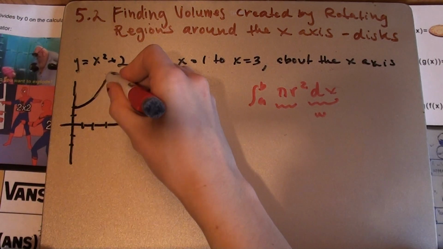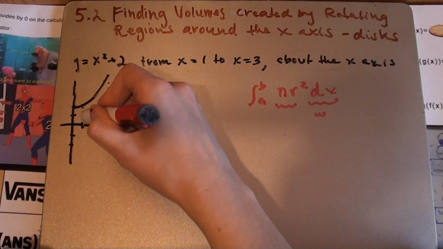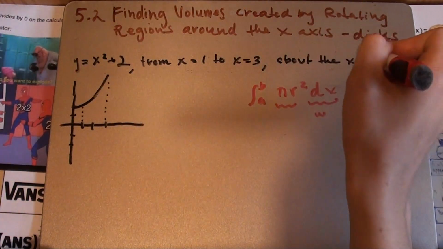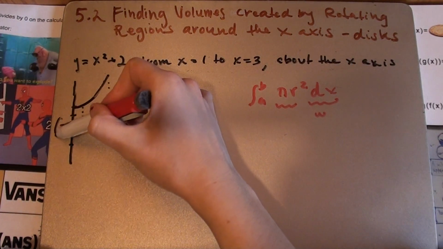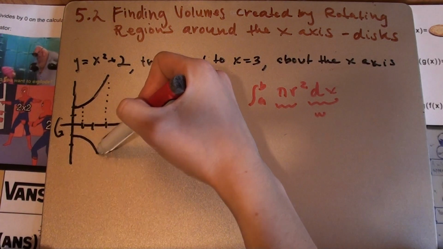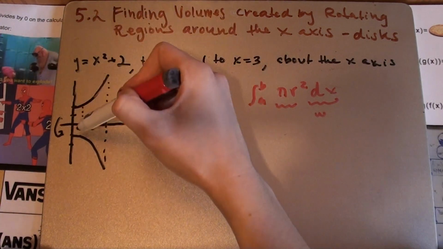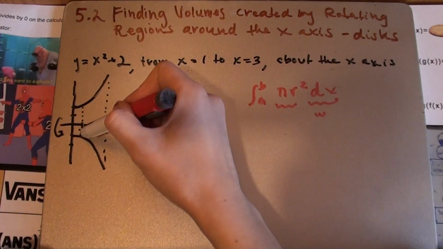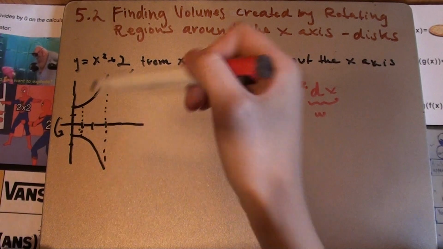So we're working with this region right here, and we're rotating about the x-axis. That means we're taking our x-axis and spinning it all the way around, so it's going to come down here as well, working with the same region underneath. This is the region we're trying to find the volume of.